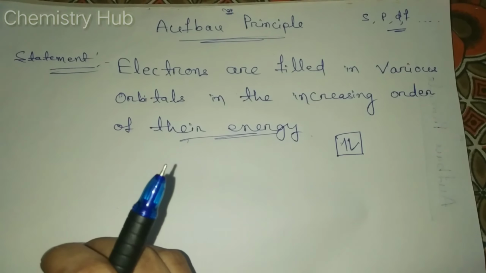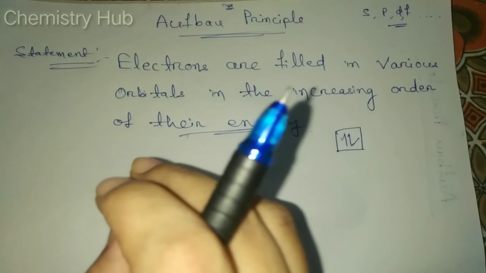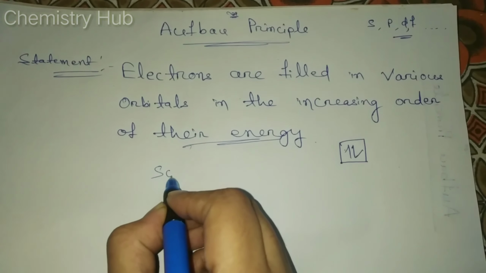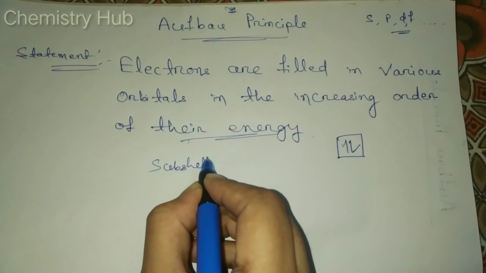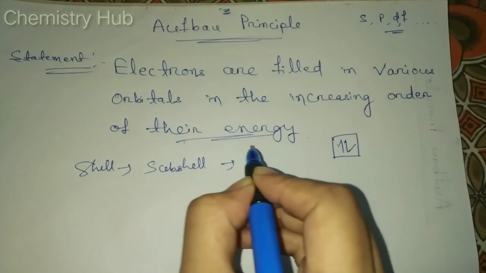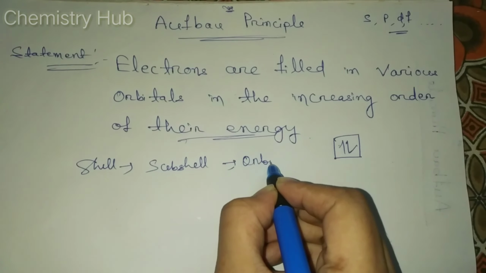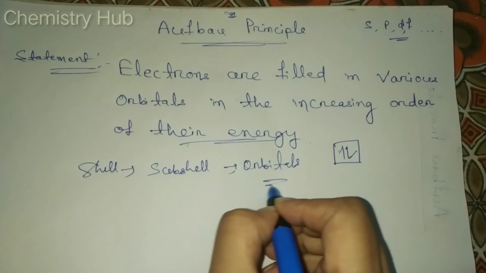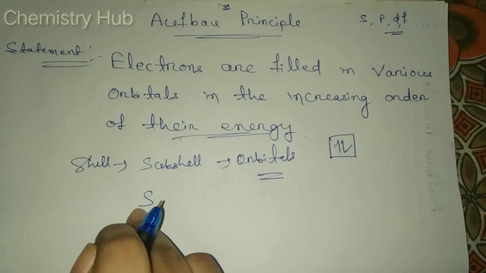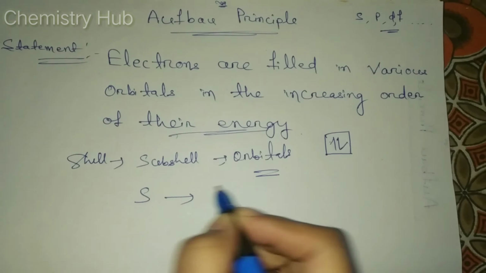That means s subshell consists of 1 orbital, p subshell consists of 3 orbitals. Here you can see, a shell consists of some subshells and a subshell consists of some orbitals. So how many orbitals are present in s subshell?